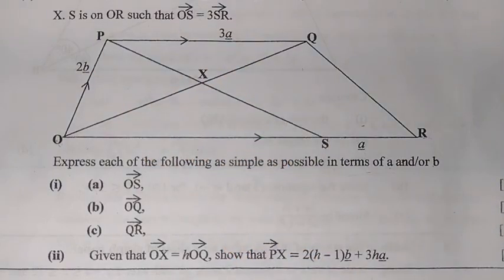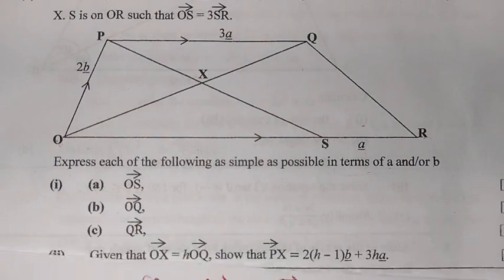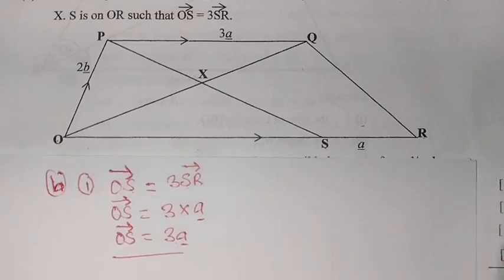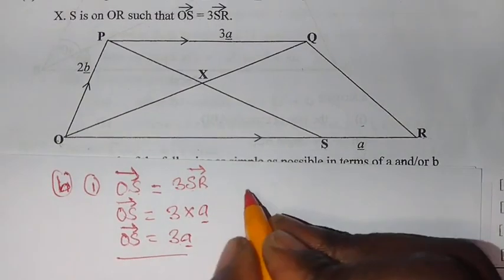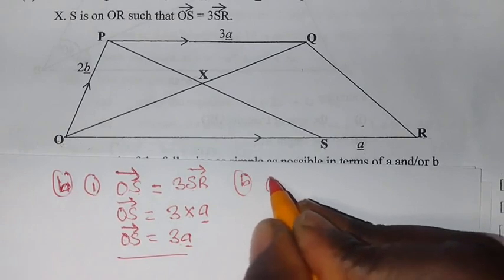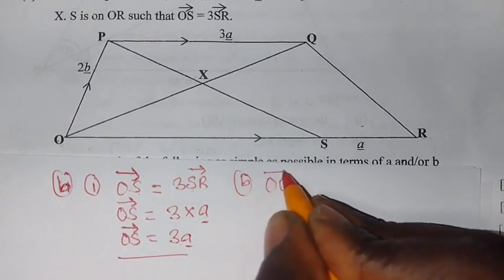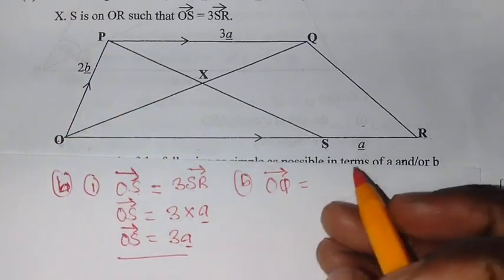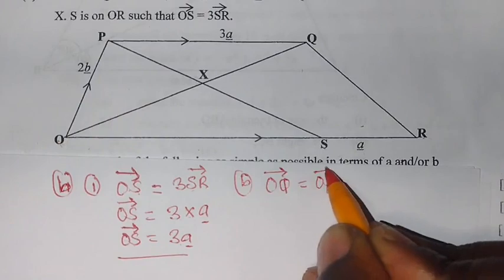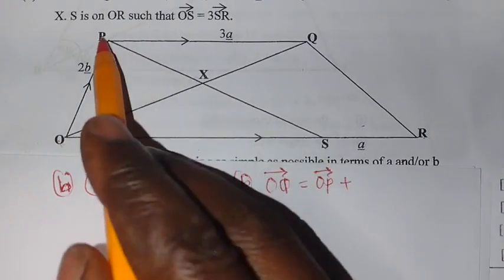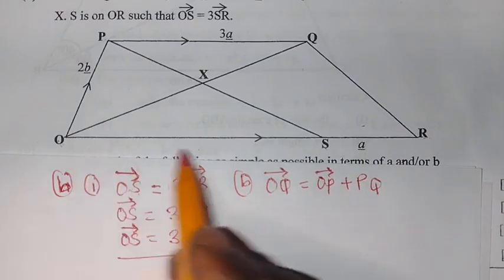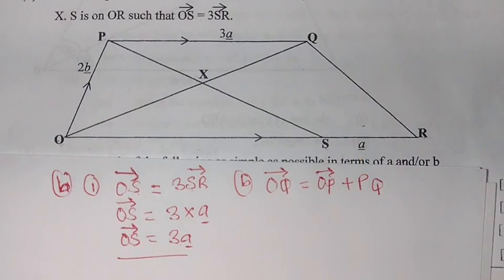So here we are going to write our answer. We are finding OQ. OQ equals, we have said you move OP plus PQ. Remember, I've said that you can even move this side, but this side you don't have anything.